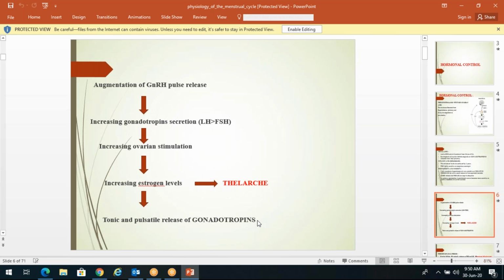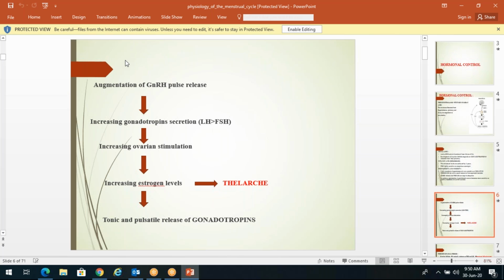So the GnRH will cause pulsatile release, which in turn increases gonadal secretions, LH more than FSH, which in turn increases ovarian stimulation, which means you will have increased estrogen levels, which leads to thelarche.